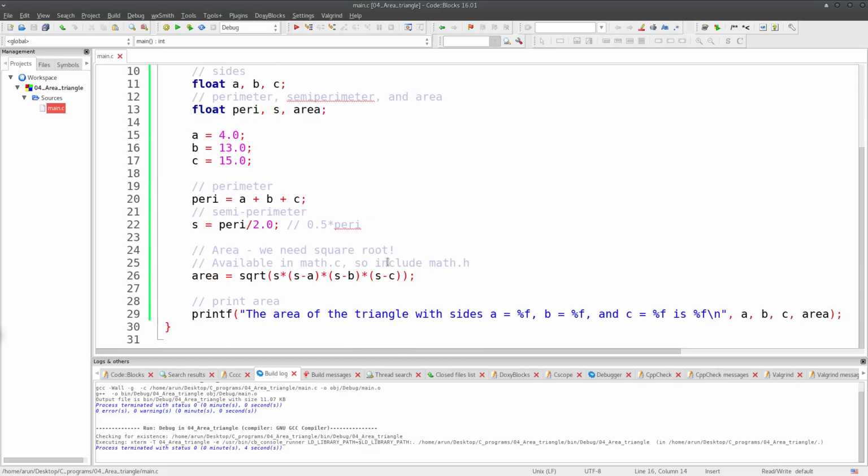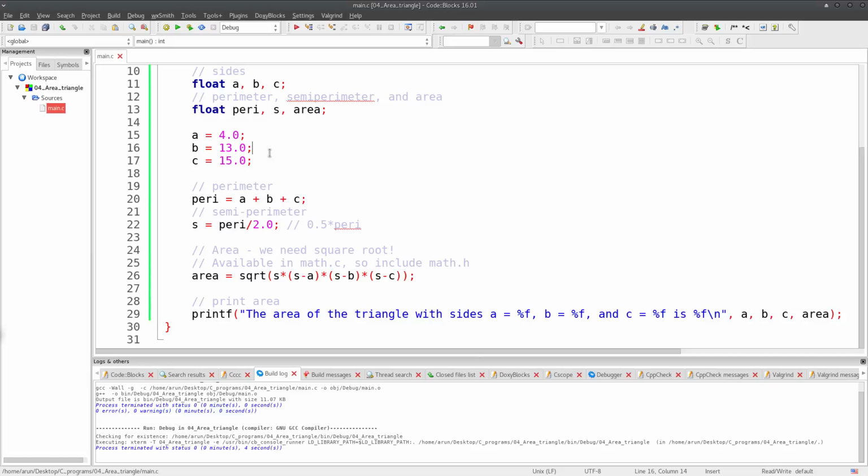But if you look at it, there can be a lot more things that can be done to make this program a little better. For instance, we are just assigning the values a, b, c within the program. What if we make this in such a manner that we take the values directly from the user instead of assigning them over here?